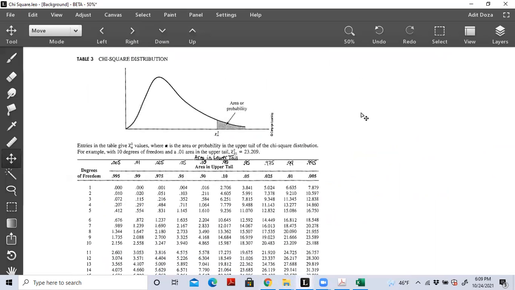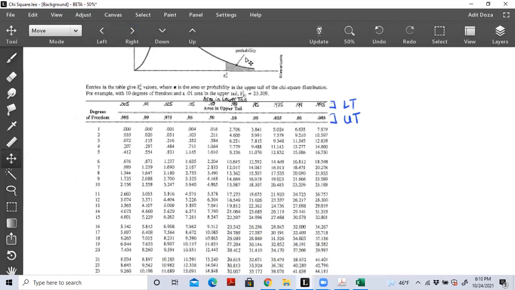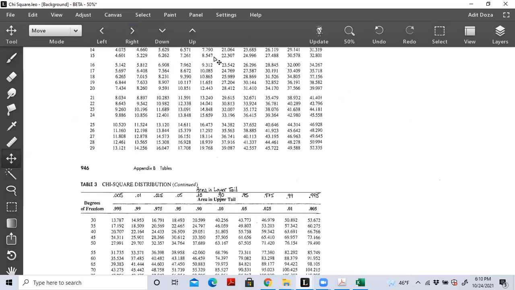If you watched chapter 11, you know that the lower tail is in the upper row, right? The upper row is the lower tail, and the bottom row is the upper tail for the chi-square table. So 55 is page 2 maybe.